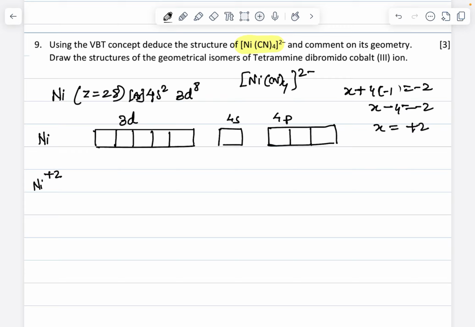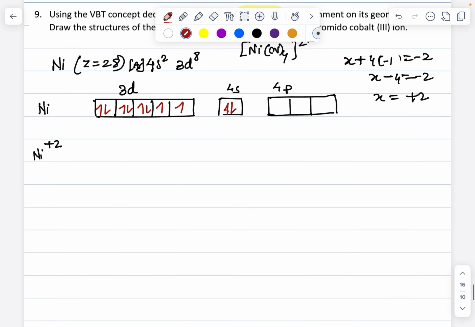So first we'll write the electrons that were present in the nickel: 1, 2, 3, 4, 5, 6, 7, 8, and 2 electrons over here. After removing these 2 electrons for the +2 state, you will be writing it this way.